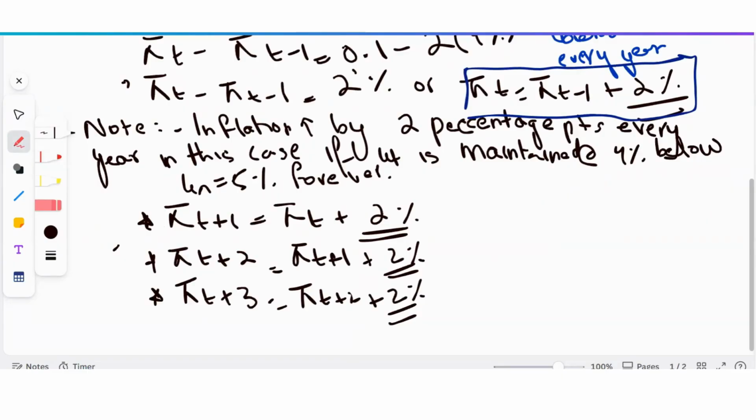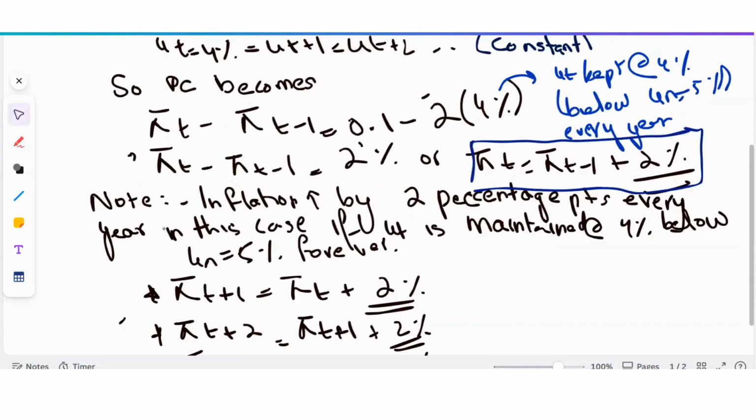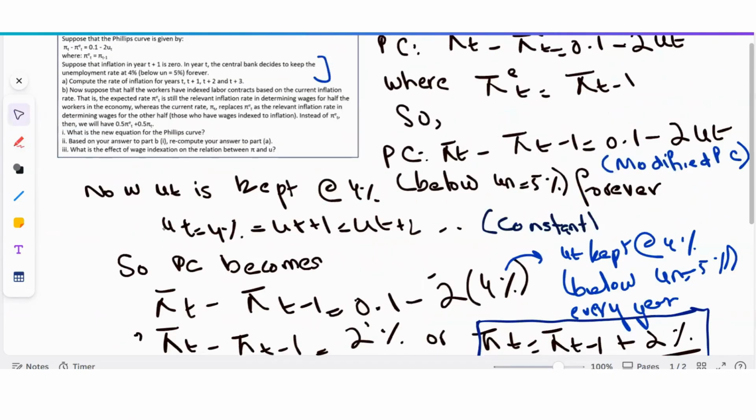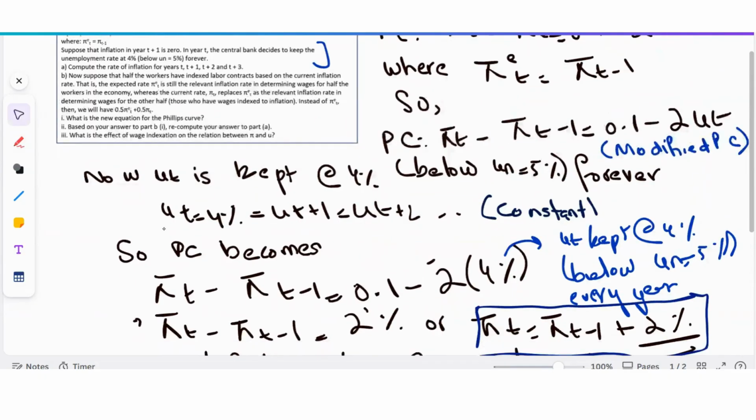Now the question we're given, if we just go back to the question for a minute, says to compute the rate of inflation for years t plus 1, t plus 2, and t plus 3, and we are given that inflation in year t plus 1 is 0.